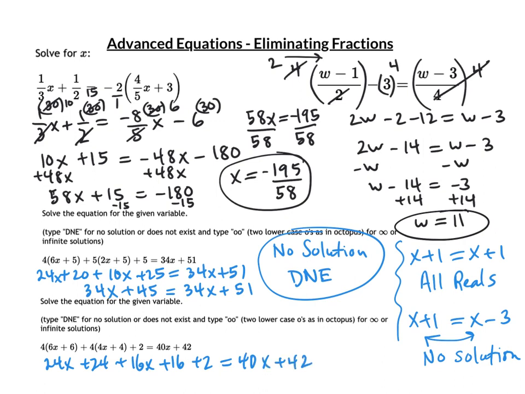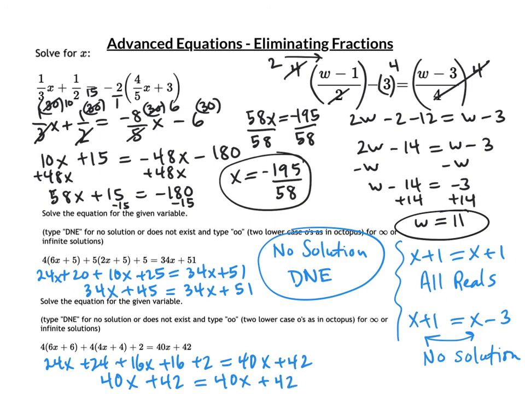And again, we'll combine like terms, 24x and 16x, that makes 40x. 24 and 16 make 40, plus 2 is 42. Look at that, both sides are exactly the same. So I have the same variable term, so any number I plug in for x is going to make the same thing. 40x and 40x on both sides will be the same number for any x I plug in.